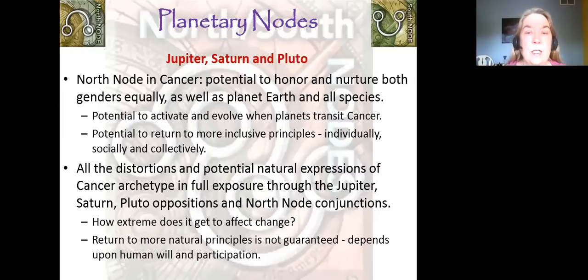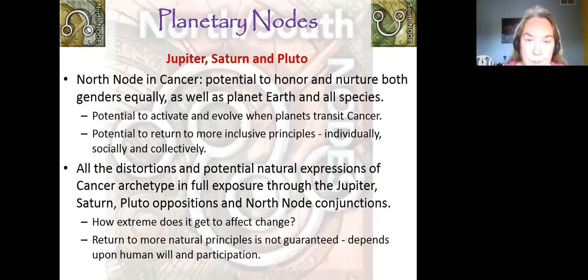They get activated when planets transit Cancer. They can be activated from the squares of Aries and Libra. They can be activated by all these planets in Capricorn as well. The whole thing about the North Node in Cancer is that potential to return to more inclusive principles individually, socially, and collectively.